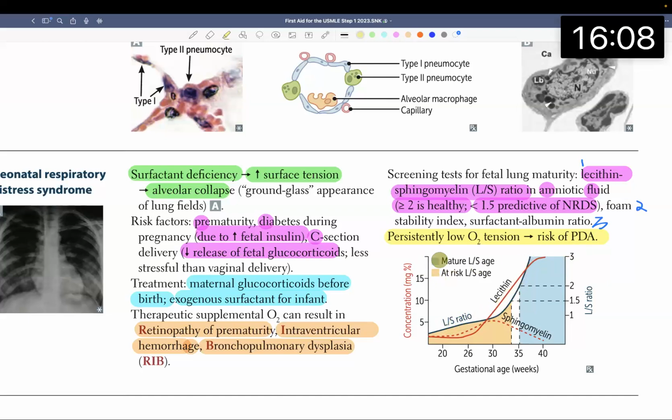This graph shows gestational age against concentration. After about 35 weeks, lecithin gets higher, with concentration around 3 to 4, while sphingomyelin is lower.